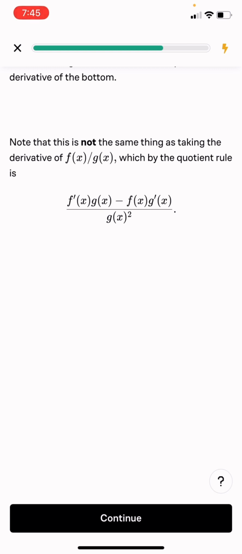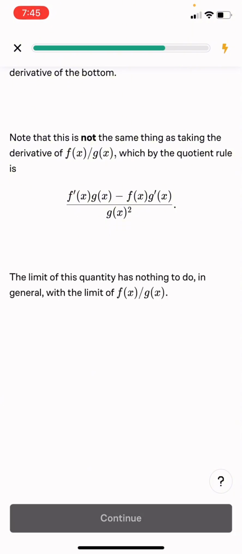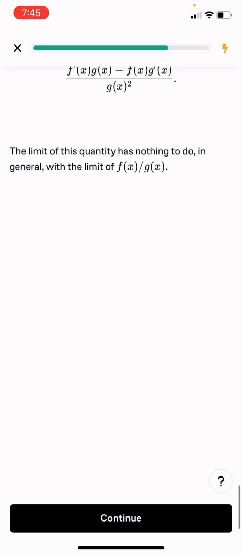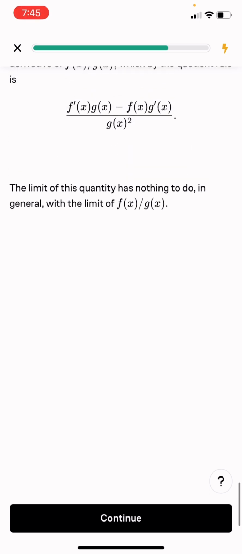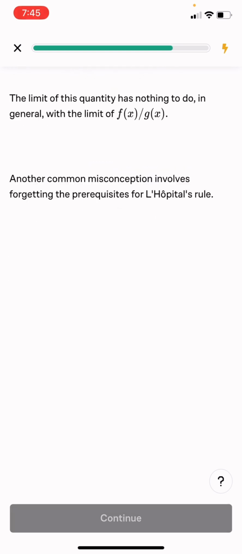Note, this is not the same as taking the derivative of f(x) divided by g(x), which by the quotient rule is f'(x)g(x) minus f(x)g'(x) over g(x) squared. The limit of this quantity has nothing to do, in general, with the limit of f(x) divided by g(x).